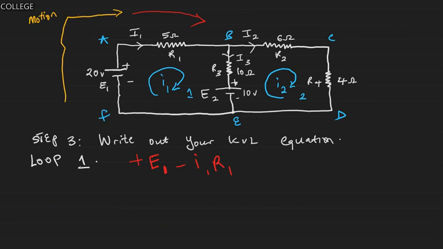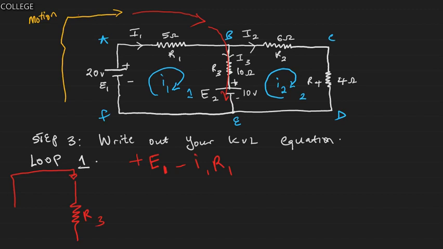From loop 1 perspective, we are still analyzing the circuit in a clockwise direction. So the next element there is resistor R3. That is our direction of motion, clockwise. We need to take note that resistor R3 is in between loop 1 and loop 2, at the middle.